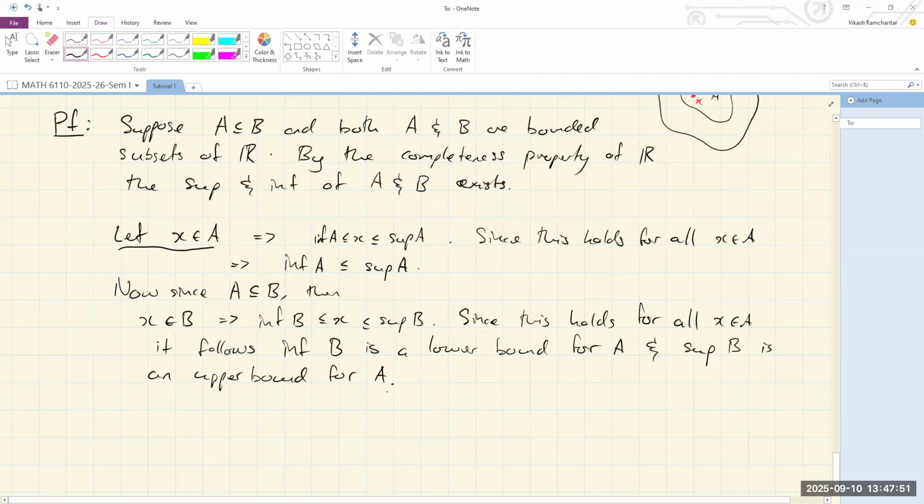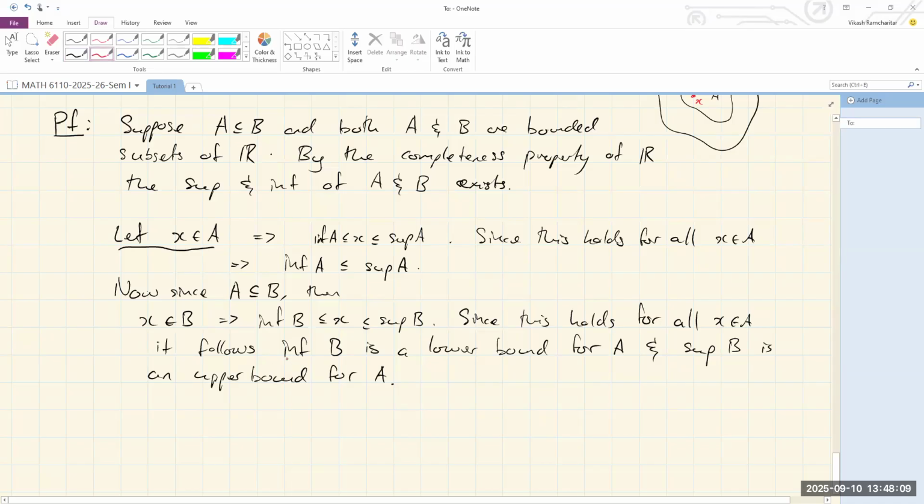Now, by definition of the supremums and the infimums, remember the infimum is the greatest of the lower bounds and the supremum is the smallest of the upper bounds.